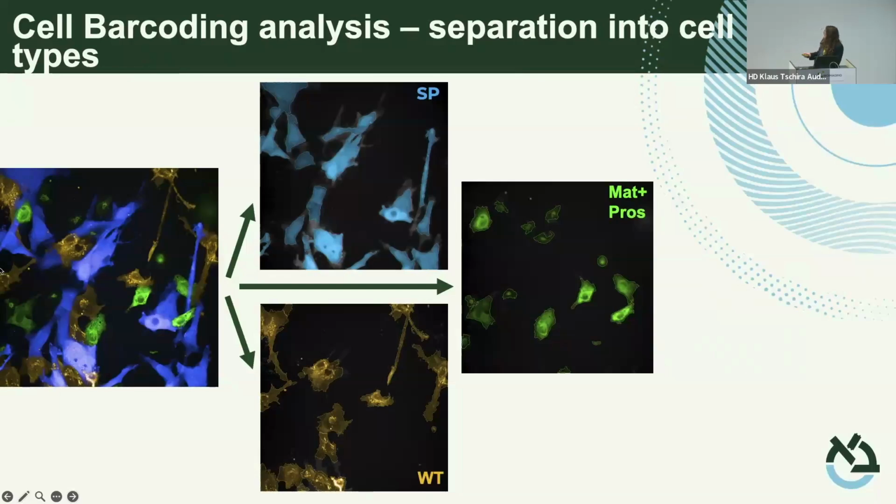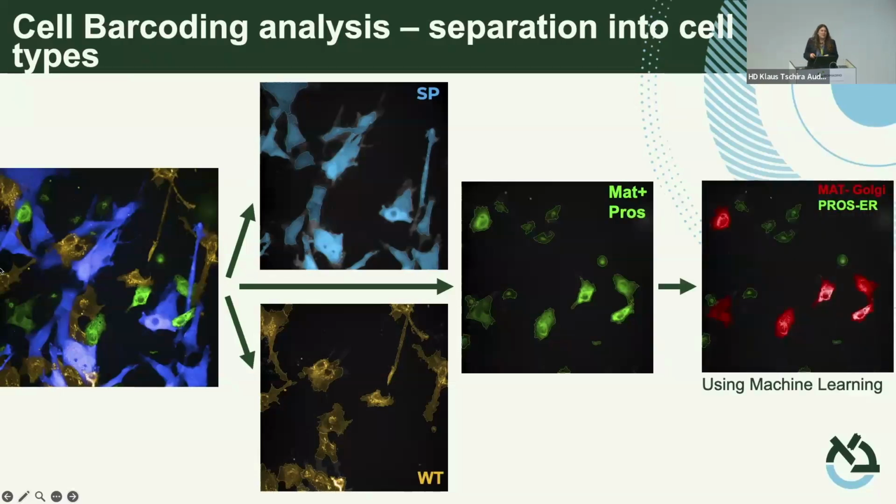So we have these with 2 colors and 1 color and 2 sets of cells. And in order to distinguish between them, we used a machine learning module of the software that checks other parameters such as texture, location, intensity, and more to distinguish between these 2 cell types.